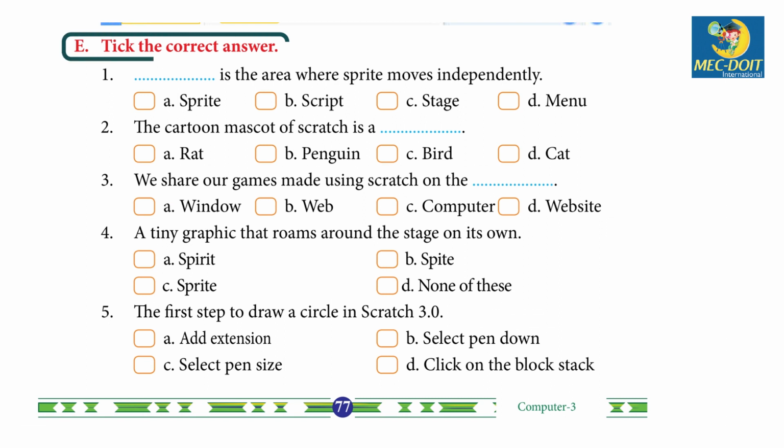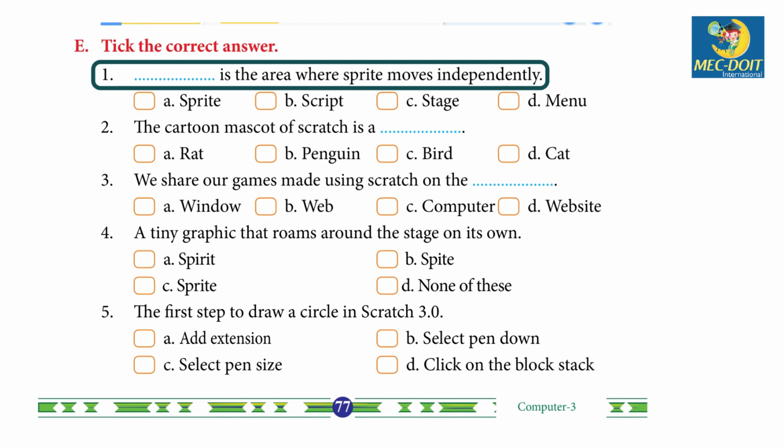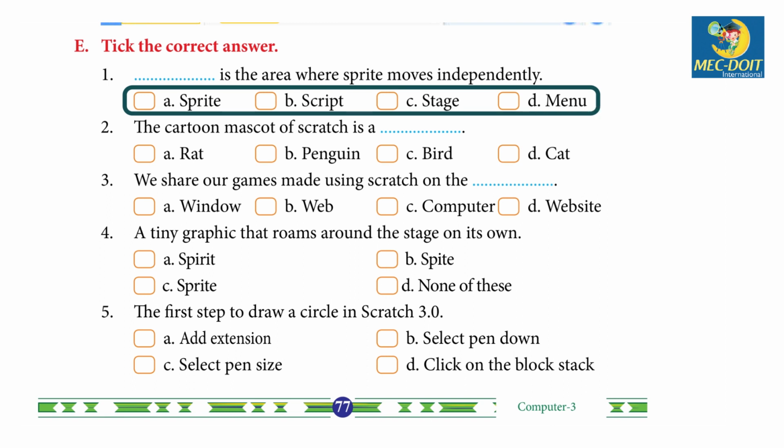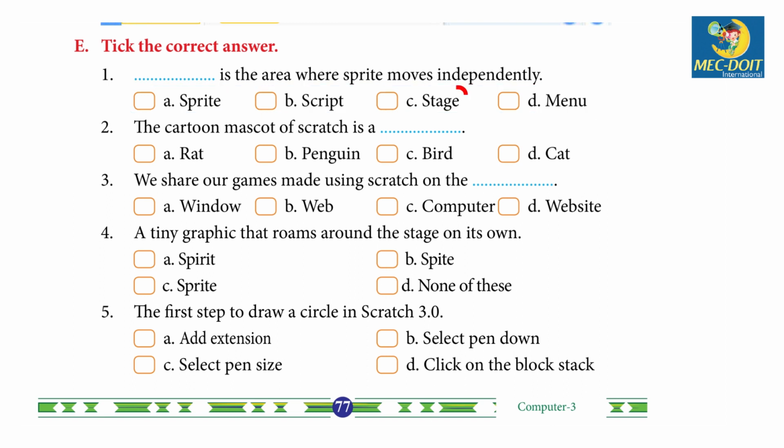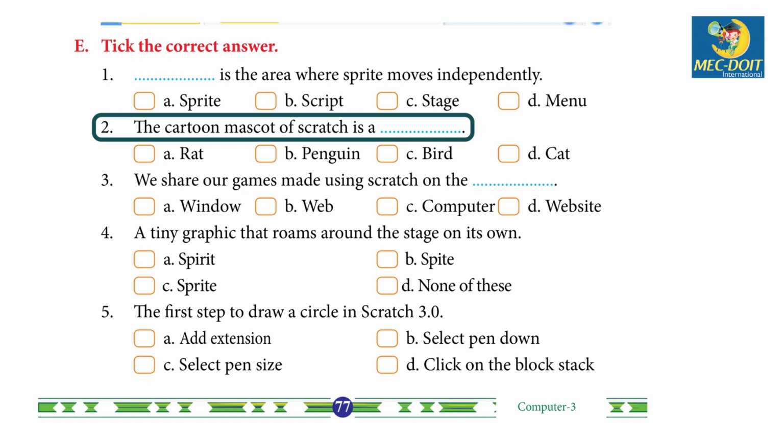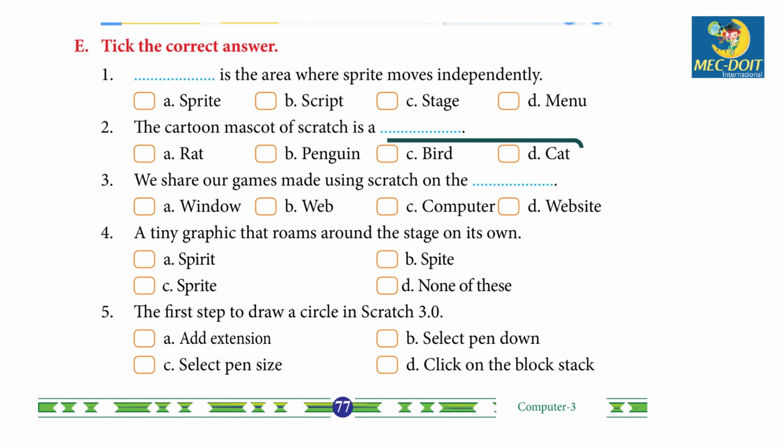E. Take the correct answers. 1. Dash is the area where sprite moves independently. A. Sprite. B. Script. C. Stage. D. Menu. Answer: C. Stage. 2. The cartoon mascot of Scratch is a dash. A. Rat.